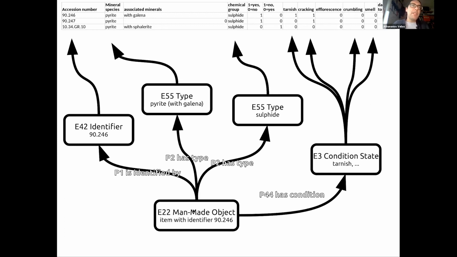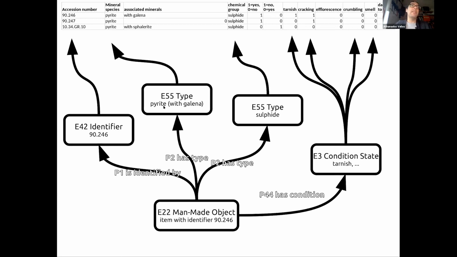And now this is connected to the first cell of that row, which is the identifier. Christian calls that the accession number. And the identifier in this case is 90.246. Okay, then the next column is a type of the specimen. So I have this property that I mentioned, P2 has type, that connects any physical thing, anything in fact, with a type.